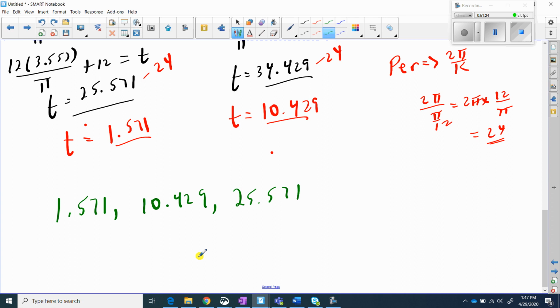If it said state 6 years, well, then you could use this one, this one, this one, and this one. And then you could add 24 to each of these to get two more if you needed them. But this one wanted the first three. Those are your first 3 years or times where your lemming population would have hit 8,000.